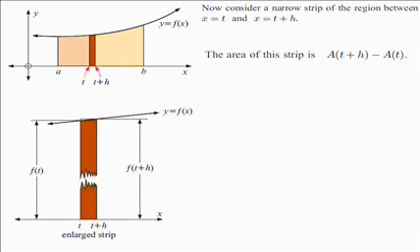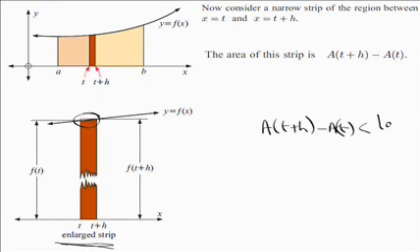Now if we look at an enlarged version of that strip, we have lower and upper rectangles either side of the area we're after. So the area we're after is this expression here. That will be less than or equal to the area of the larger rectangle, and greater than or equal to the area of the lower rectangle.